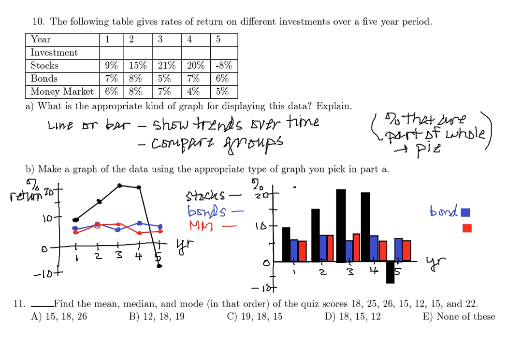And then we need some black for our stocks. Okay, so stocks in black, bonds, and then money market down here in red. So either one of those would be fine. And if I only had 2 groups to compare, I'd have 2 lines, and here I'd have 5 sets of 2 bars instead of 5 sets of 3, for example.